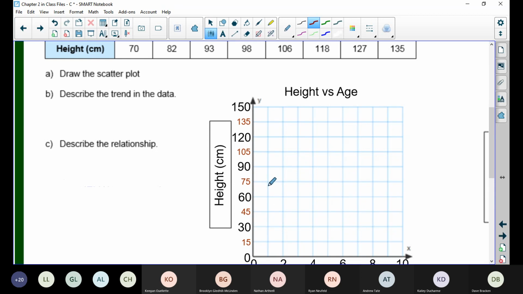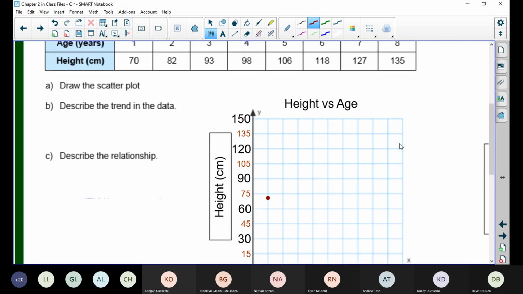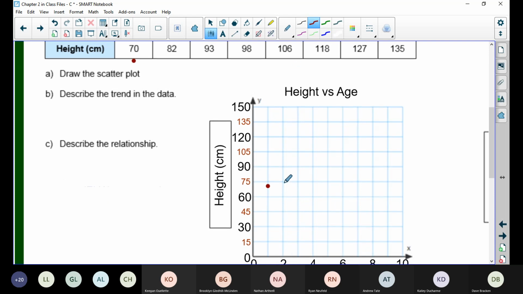So here's 75. So right before, just picture 60. If we were to break this into 5s, 65, 70, 75. So if we were to break it into thirds, we're right up in here somewhere. There's 1 and 70. First point's done. 2 and 82. Well, here's 75. Here's 90. 82 would be somewhere right in between.